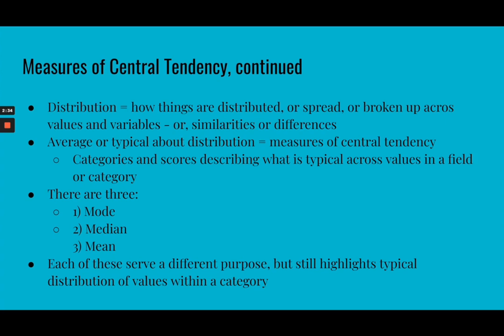It's essentially looking at categories and scores and then describing what is typical across these values. There are three concepts we're going to talk about: mode, median, and mean. Each of these serves a different purpose, but they still highlight typical distributions of values, and they all allow us to see the distribution of values within a category.